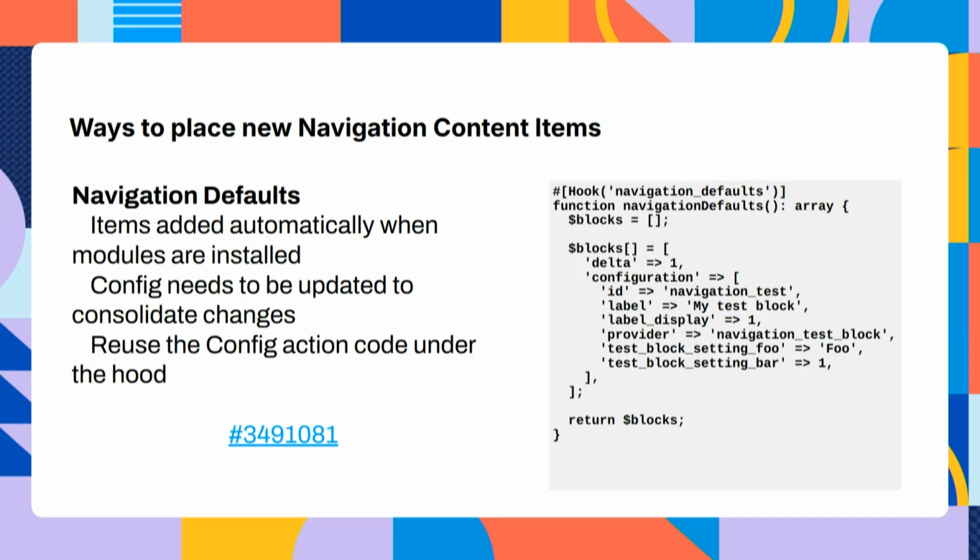So basically, you have a module that provides a specific navigation block. You enable the module, and the navigation block is added to the navigation bar, and then you can export the config and it will be propagated. Or if you don't want to have that block in your navigation, you can disable it from Layout Builder and let it go. So different options to add things to the navigation bar depending on your needs.